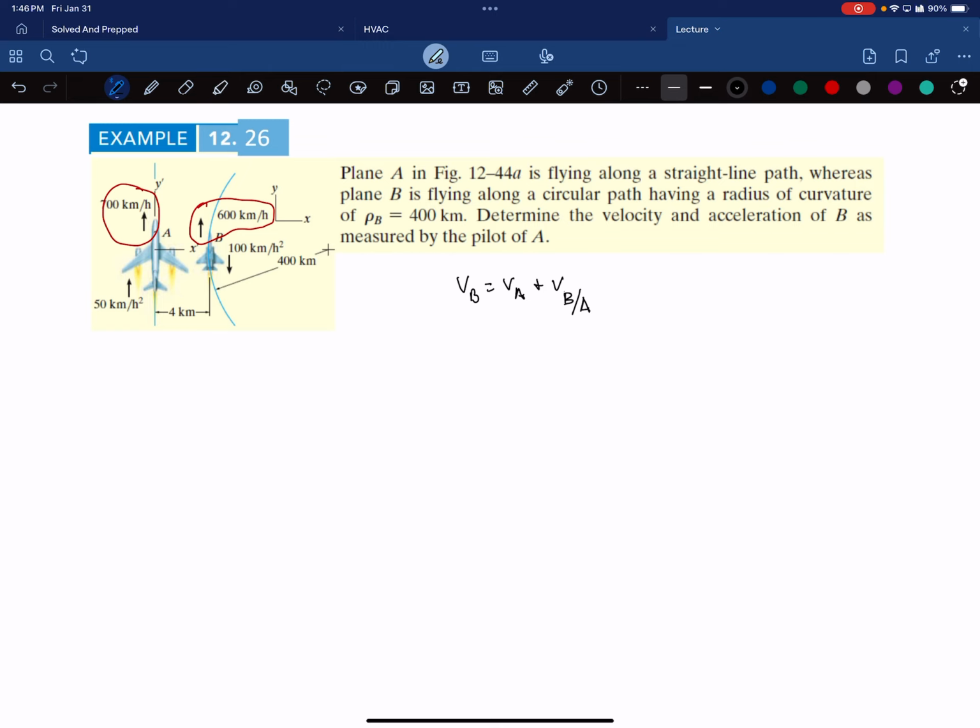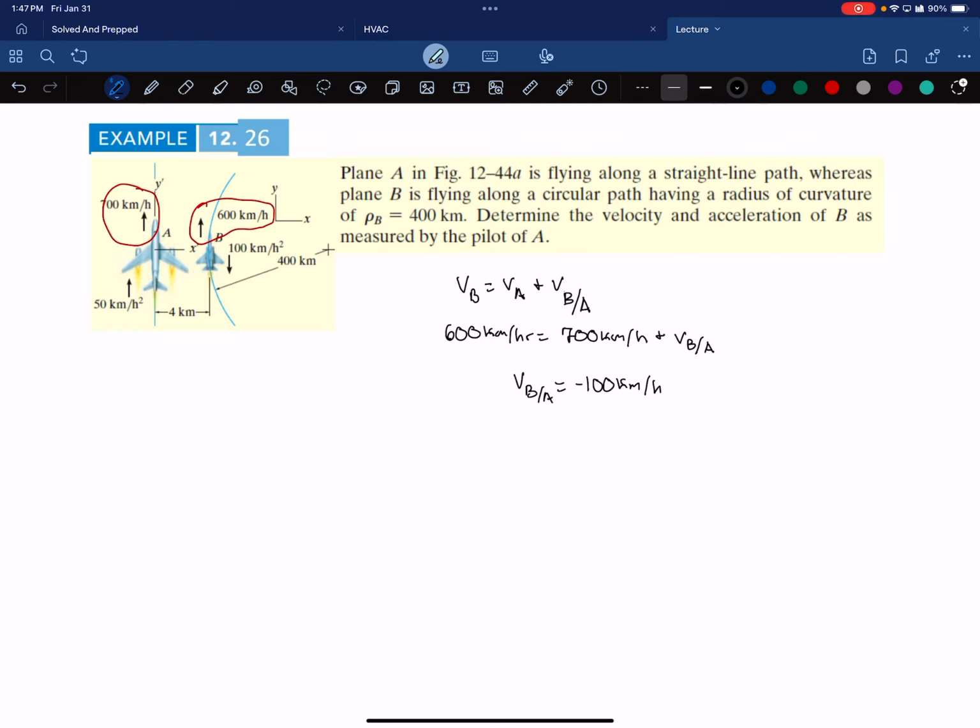So 600 kilometers per hour is equal to 700 kilometers per hour plus VB with respect to A. Solve for VB with respect to A, and we get negative 100 kilometers per hour.